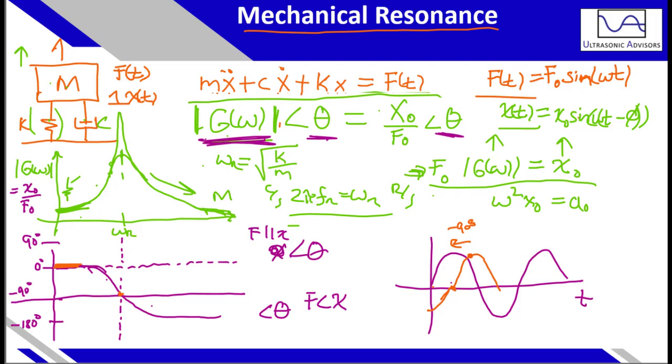So the forcing function is lagging the output. As you know, when you have a negative phase, it goes into a positive direction. So this negative 90 degrees phase lag indicates the input is lagging the output by 90 degrees.